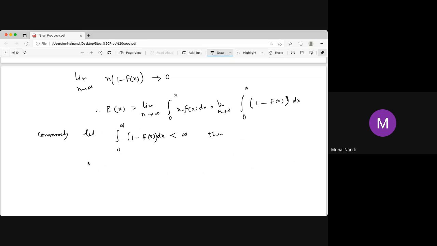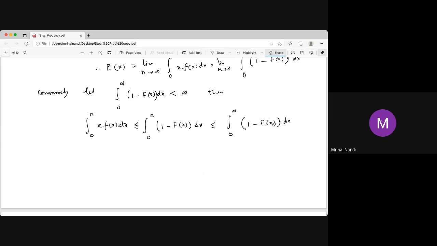Then the integral from 0 to n of x f(x) dx is less than or equal to the integral from 0 to n of 1 minus F(x) dx, we already proved it, and this is less than or equal to the integral from 0 to infinity of 1 minus F(x) dx. Now this right hand side is finite. So since this is finite, that means the integral from 0 to n of x f(x) dx is finite for all n.